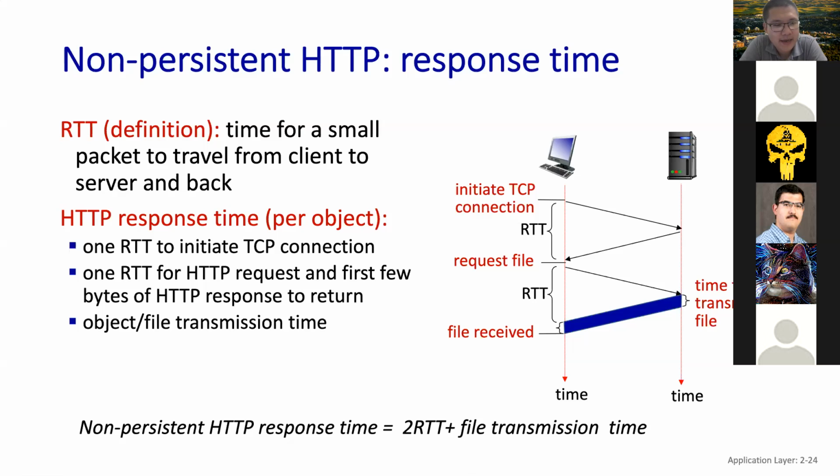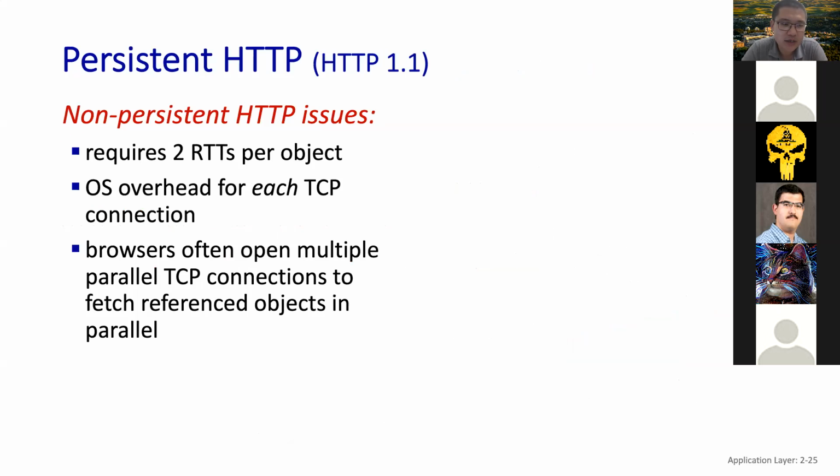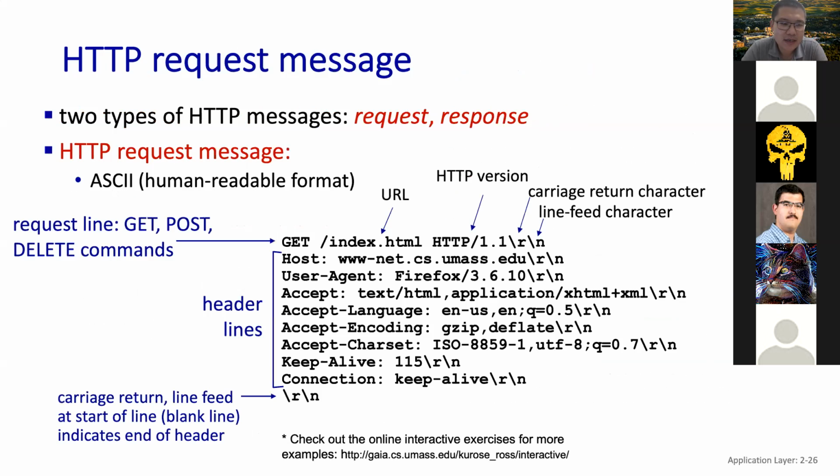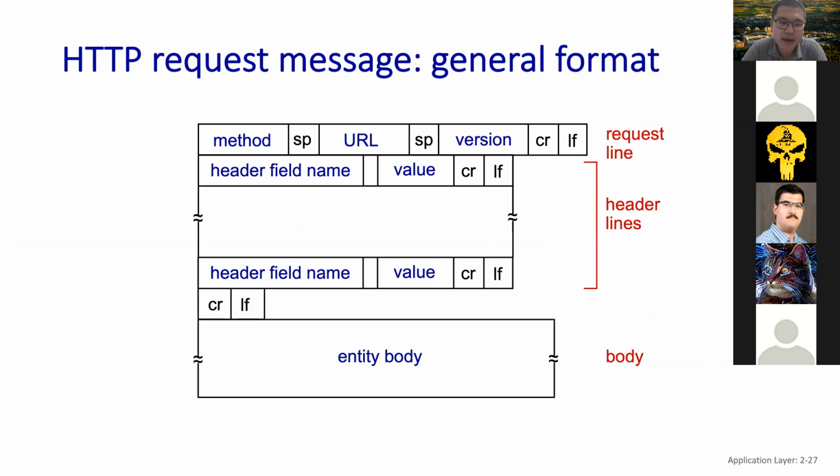Okay, the small packet is because you send a request to the HTTP server, and then the server sends back a response to you. How we define the request and the response is a very good question. I will show the slides later, but generally speaking, we have the request message and the response message.